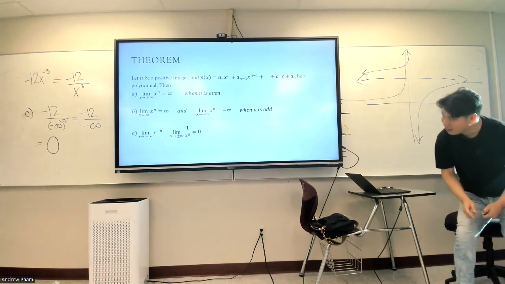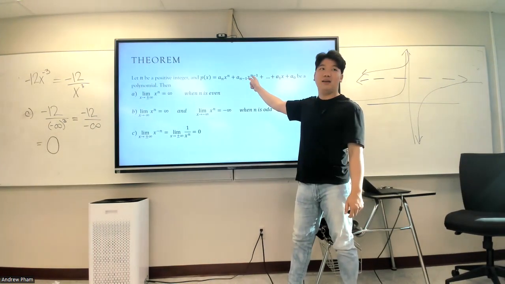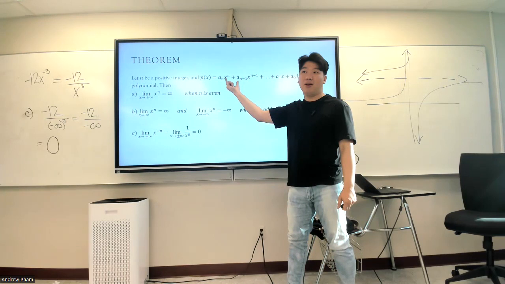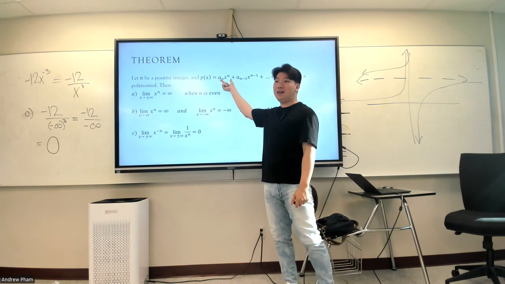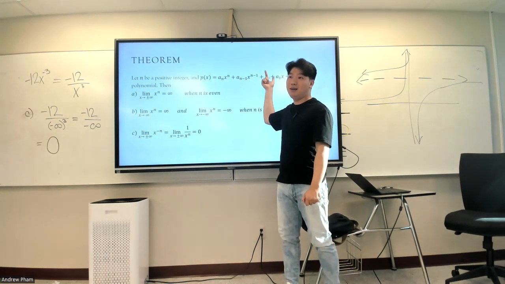And here's why. If I take the limit of a whole thing, I can just take the limit of each individual part. If this n is positive and I take the limit, that's going to be infinity, or maybe negative infinity. This right here is going to be infinity or negative infinity, so on and so on.